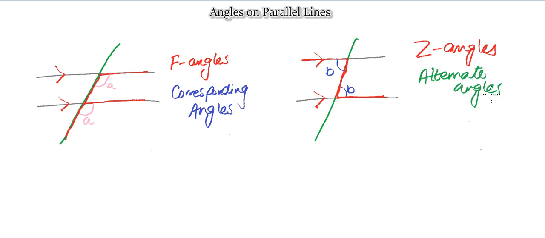And the reason for that is we have parallel lines again. We got a line cutting through the middle. So we got two parallel lines, one here and one here, and a line is connecting both these parallel lines together. So the angle on one end and the angle on the other end will be exactly the same. Therefore, we call these the alternate angles.